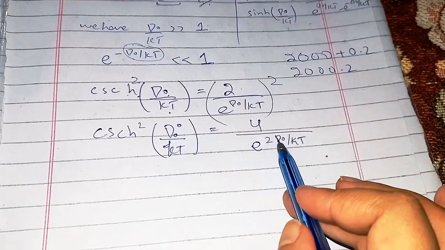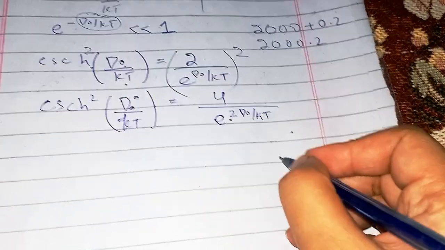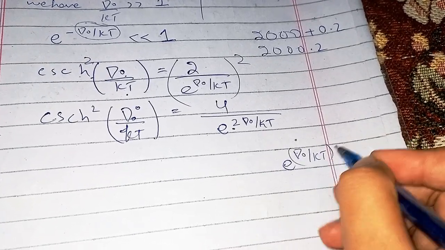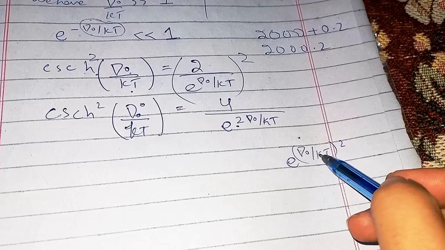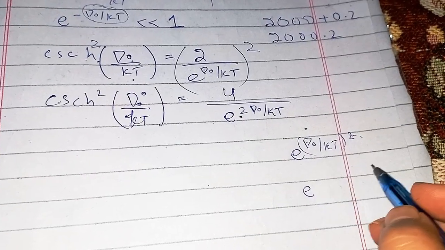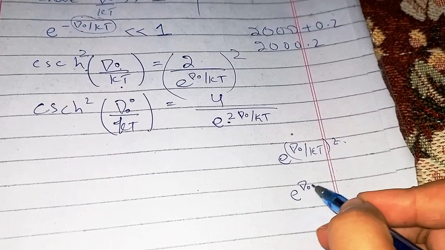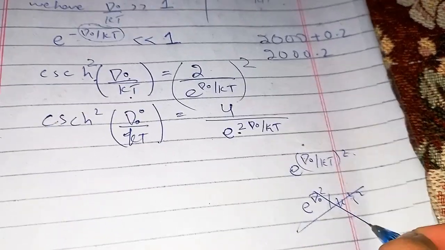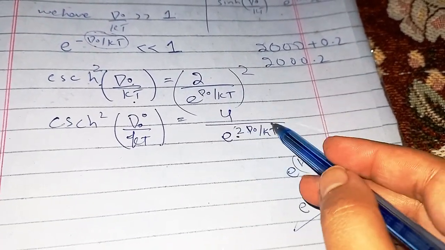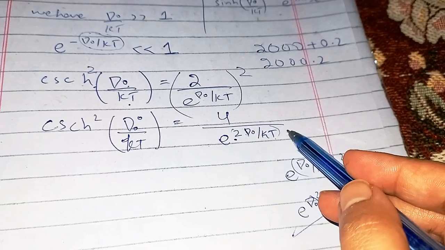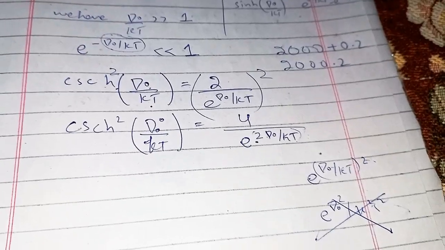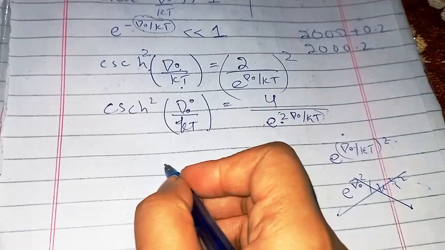When we take squares of exponentials, the powers get multiplied with each other. Never confuse it with writing delta naught square by k square t square. No, that's wrong; you can't do that. Because it's already an exponent, taking the square means another power is being multiplied, so 2 is multiplied to delta naught by kt, that is it. That is what we have got.